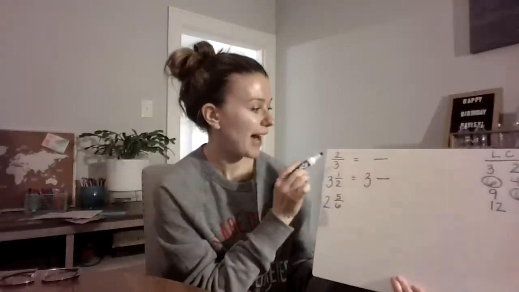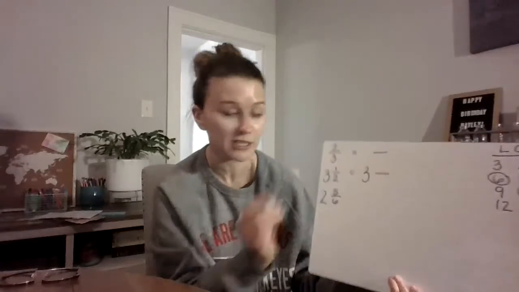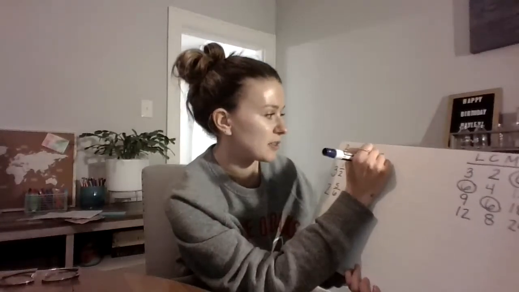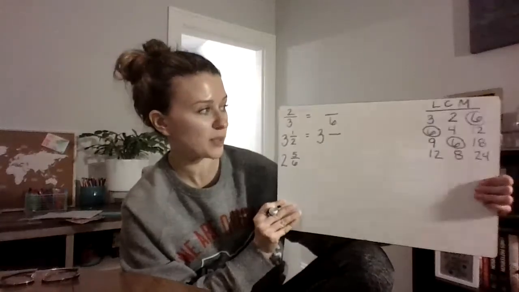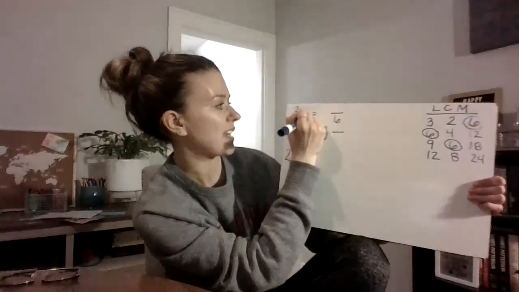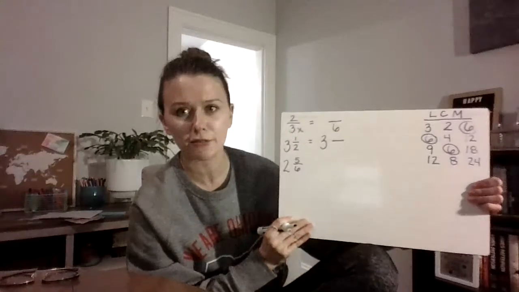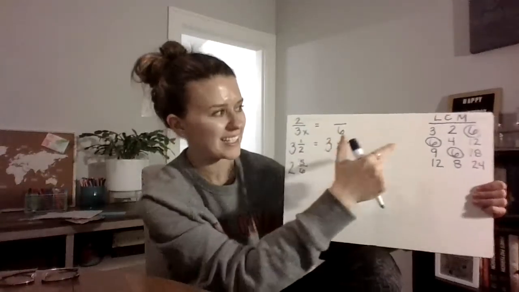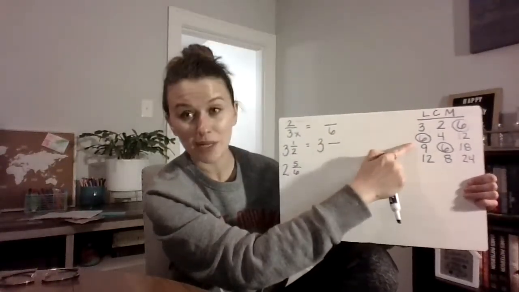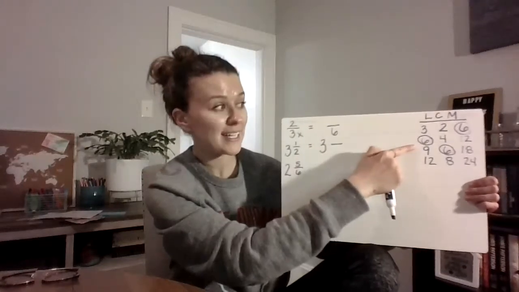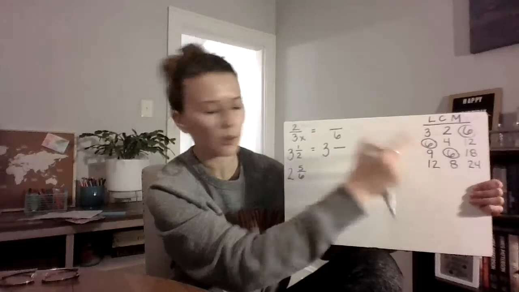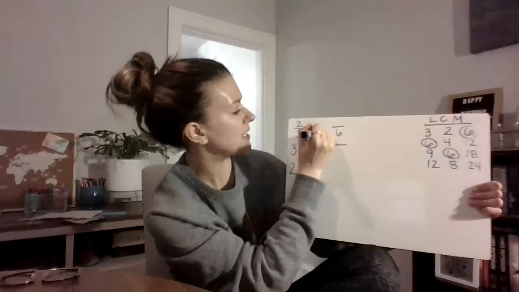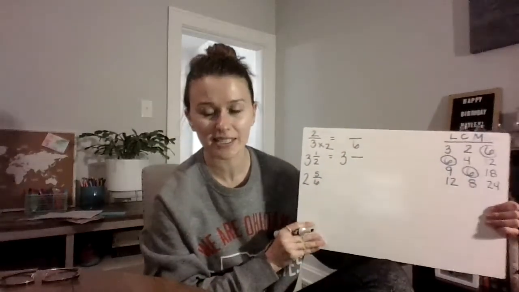But I know that I have to change 2/3 into sixths. And to do that, we use multiplication. So I have to think, what did I multiply 3 by to get 6? And I can actually use my multiples right here. I see I multiplied 3 by 1, 2. It's that second multiple. So I multiplied 3 times 2 to get 6.